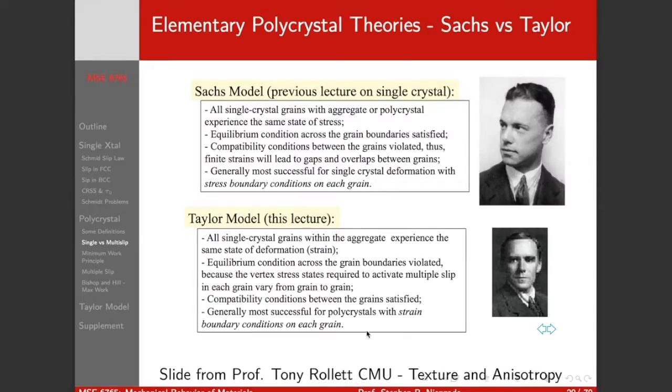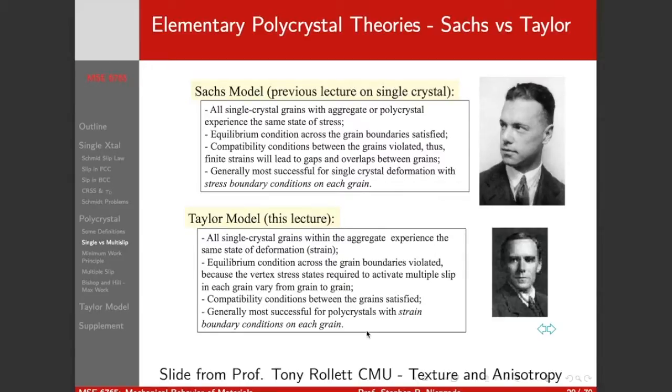Okay. So, polycrystals, right? We've got a whole bunch of grains stuck together. How on earth do we determine what the heck is going to happen? And plasticity in a polycrystal is an insanely complicated phenomenon. I can't stress that enough.